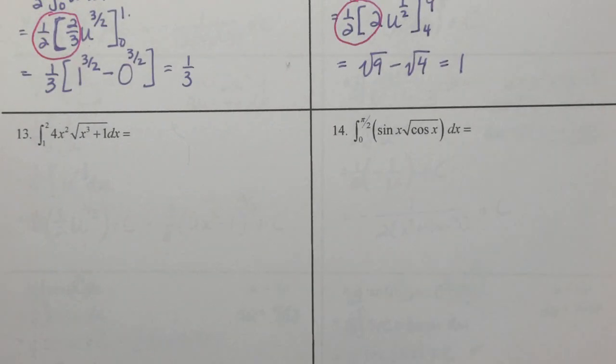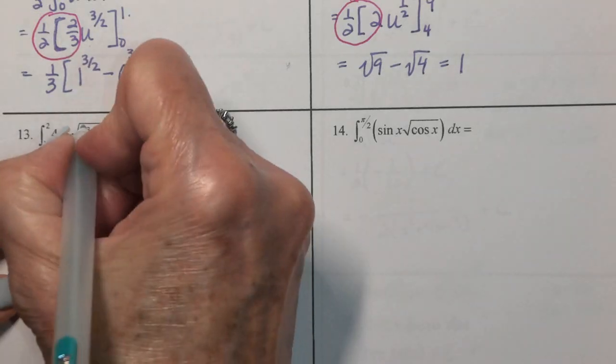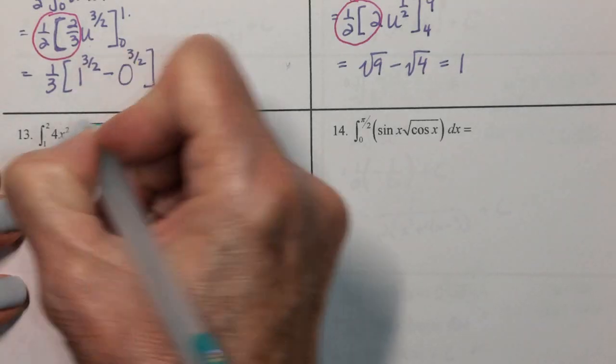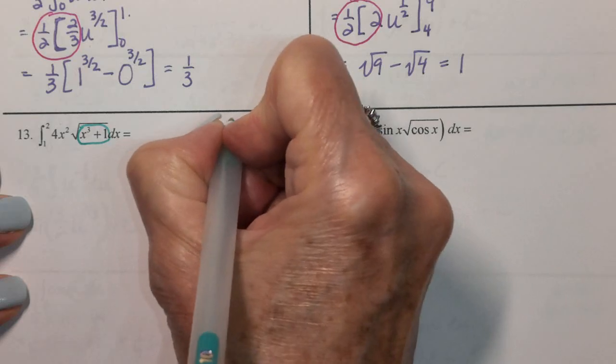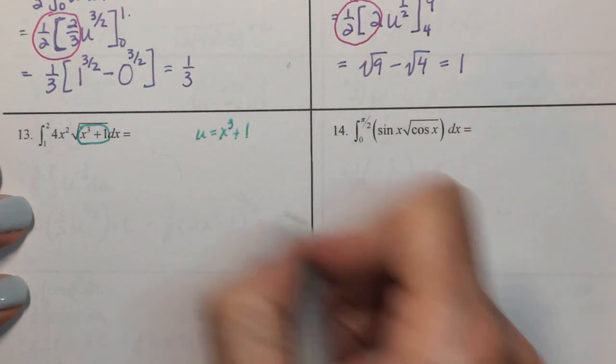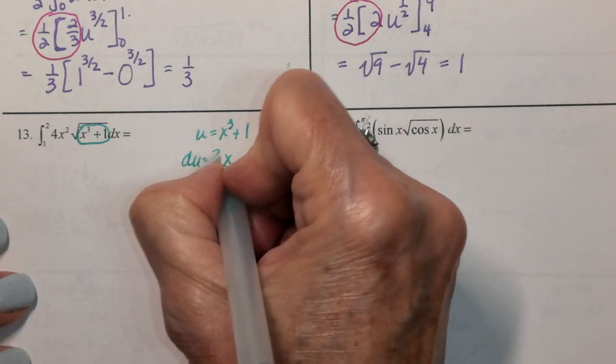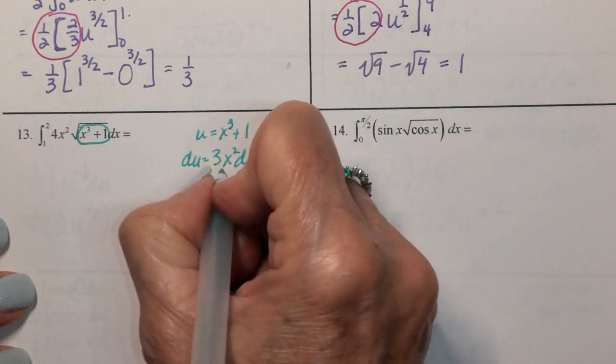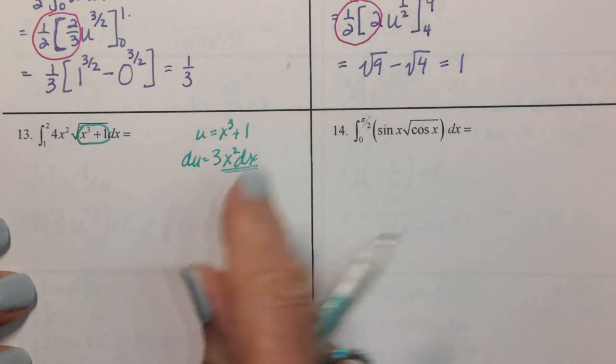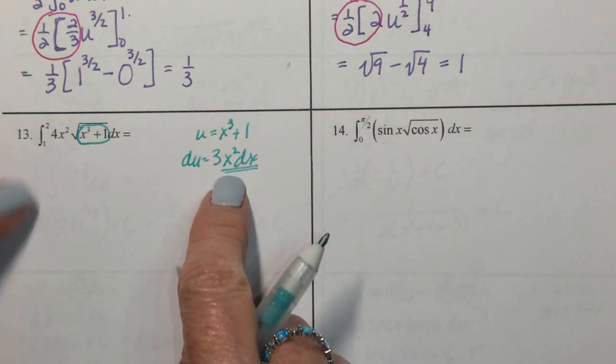Next one, we're going to let u be x cubed plus 1. du is 3x squared dx. I must have a gift from Santa of an x squared, and I do.